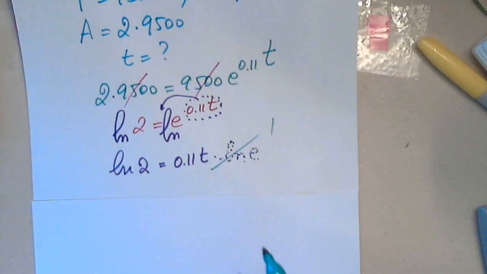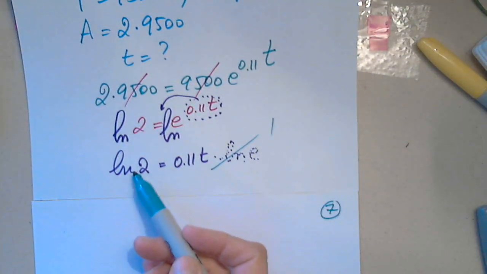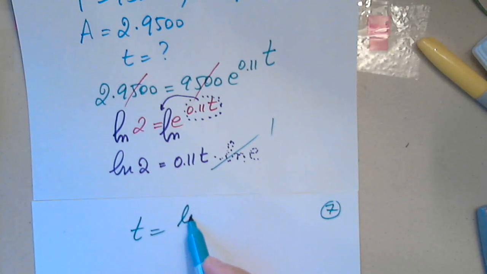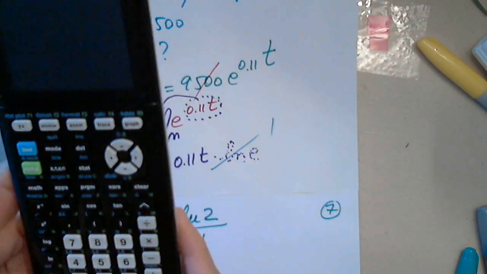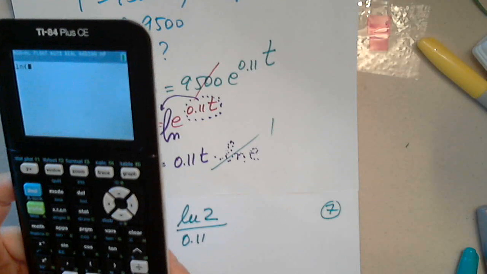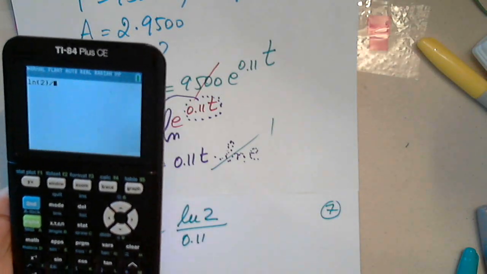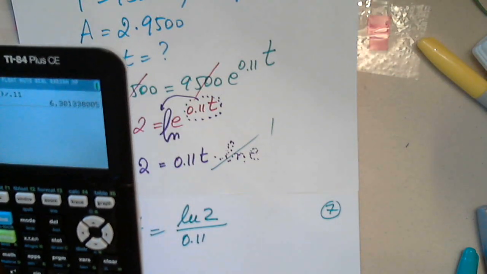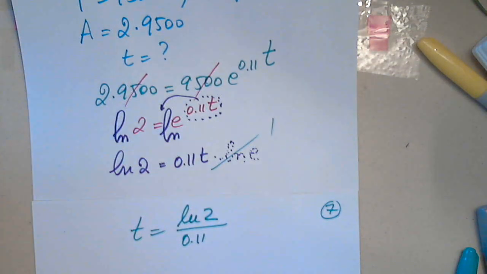So therefore, t is this over this. This fancy number natural log 2 over 0.11. So put natural log 2, close the parenthesis and divide by 0.11. And we get 6.3. What is 6.3?